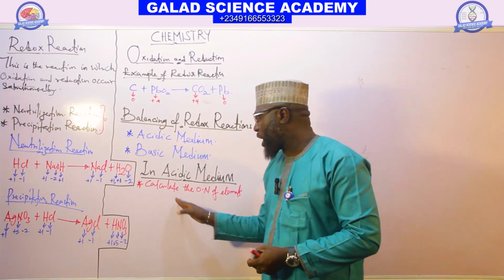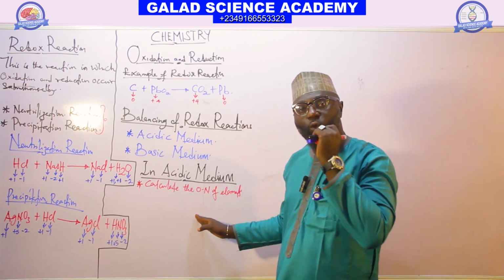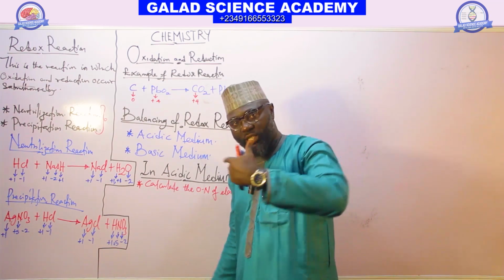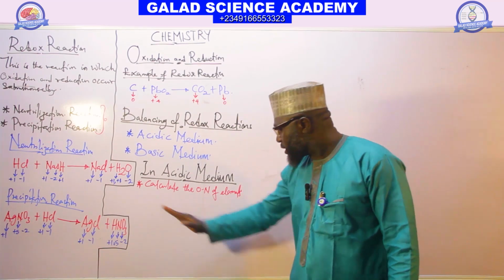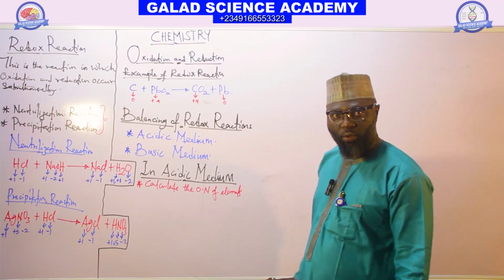The purpose of calculating the oxidation number is for us to know which of the elements is oxidized and which one is reduced. Once you know that, you are safe.